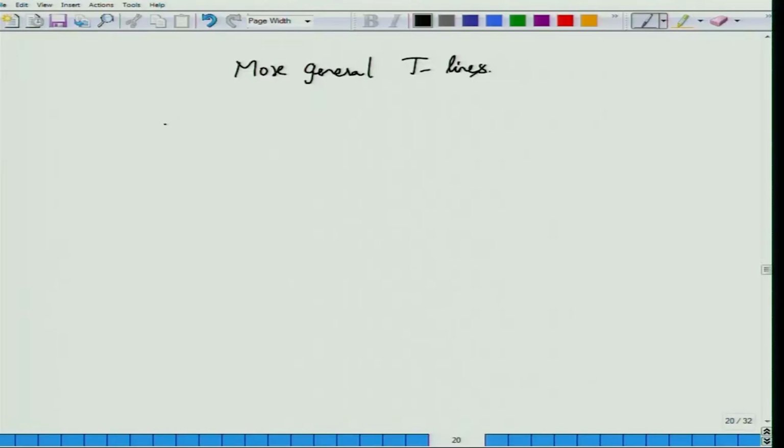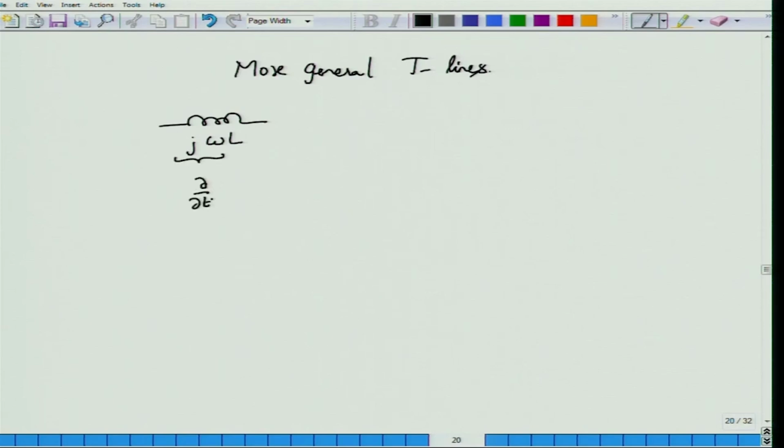You may recall that if I consider an inductor having a current through it at a particular frequency omega, the reactance that it presents will be omega L. In the complex phasor notation, this corresponds to j omega L, and you remember that this j omega is nothing but del by del t.